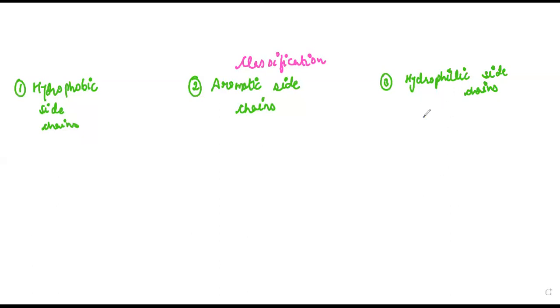The hydrophilic one is further divided into two categories. The first one is polar but uncharged, and the other one is ionizable side chains.